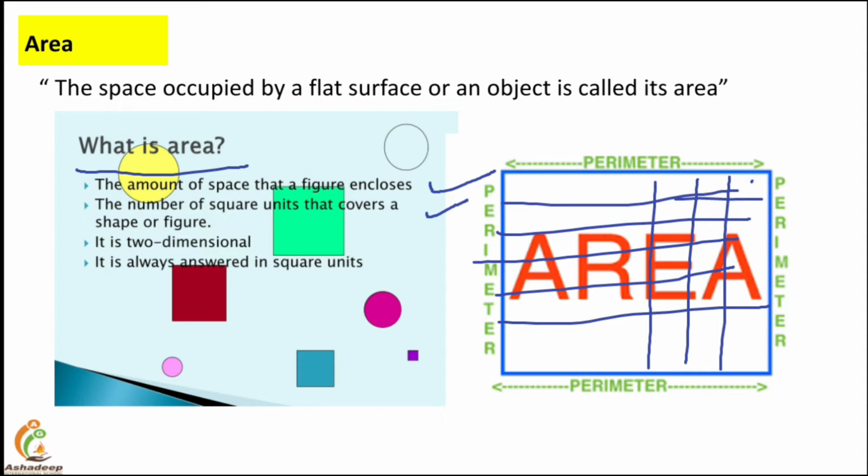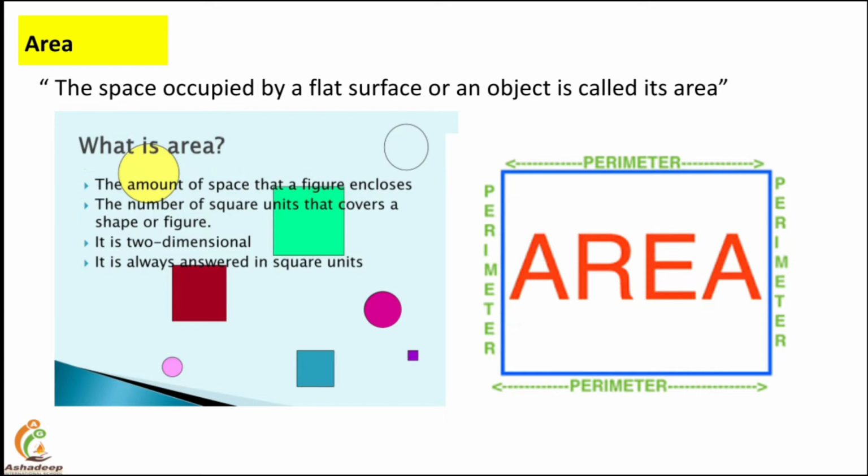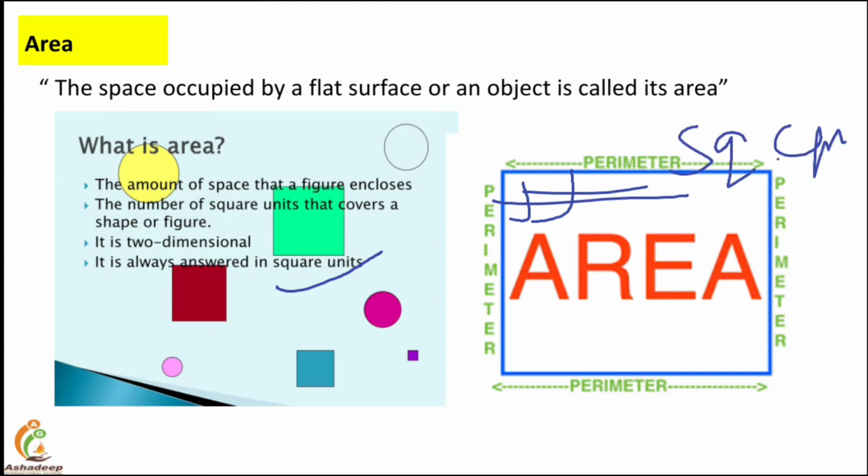We'll learn that in the textbook exercise when we explain it. Presently we'll go for finding the area. It is two-dimensional, so it is always answered in square units. Because we measure in squares, when we write the answer we will write either square centimeter or square meter.